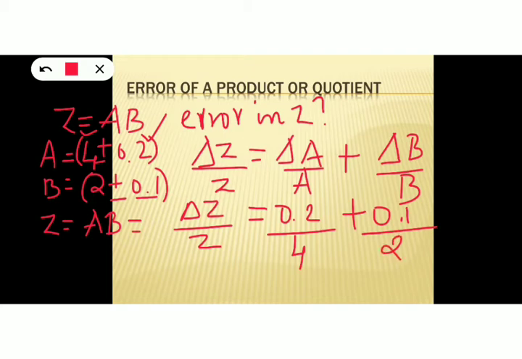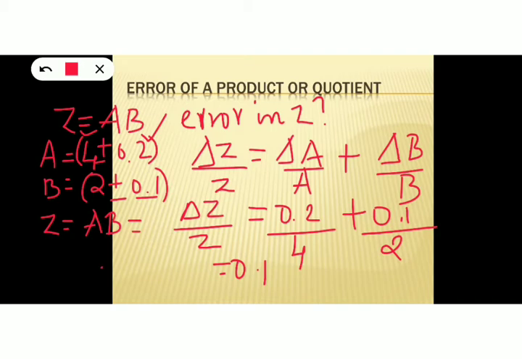Now when you take LCM and simplify, you will get the result 0.1. So that is delta Z by Z.